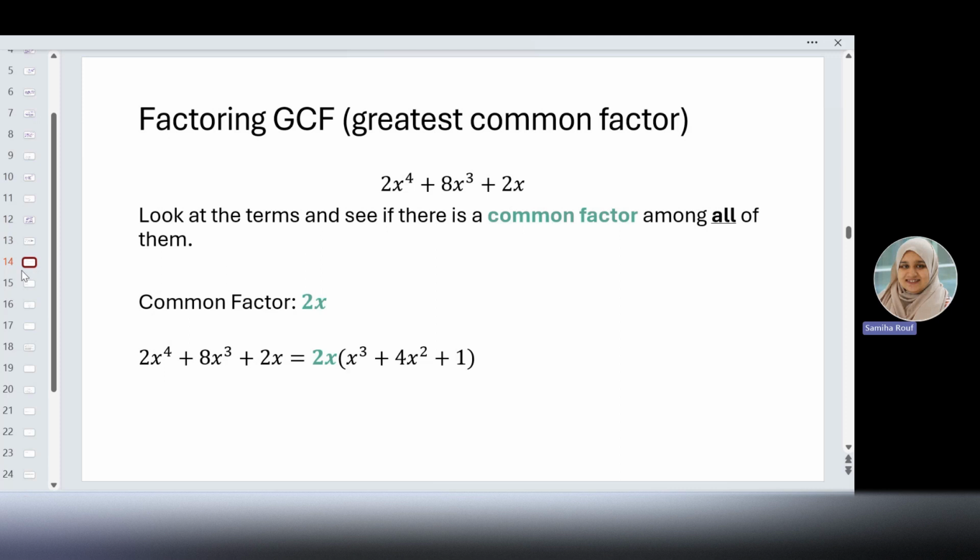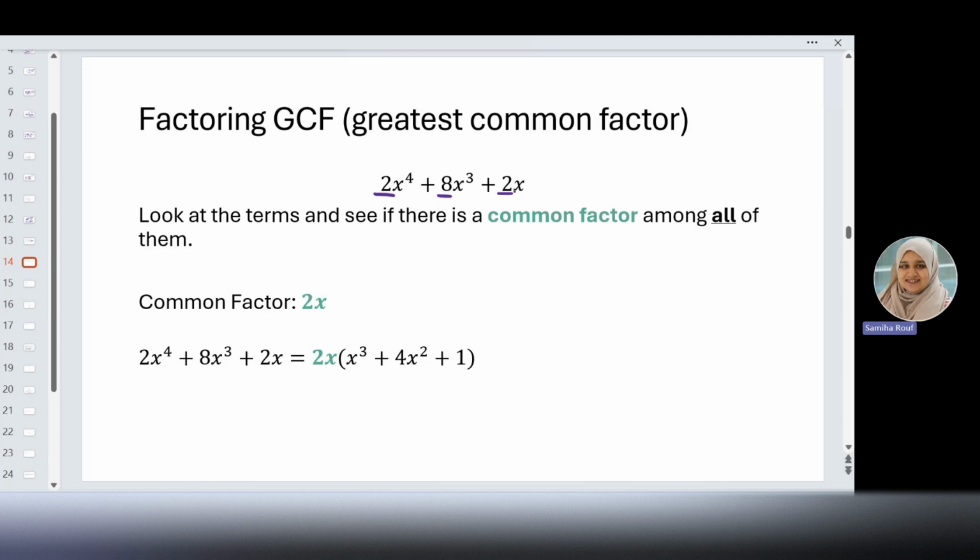So we're going to go term by term and look at it piece by piece. I normally focus first on the numerical parts of the term, and then I look at the algebraic parts of the term. So this expression has 2, it has an 8, it has a 2.